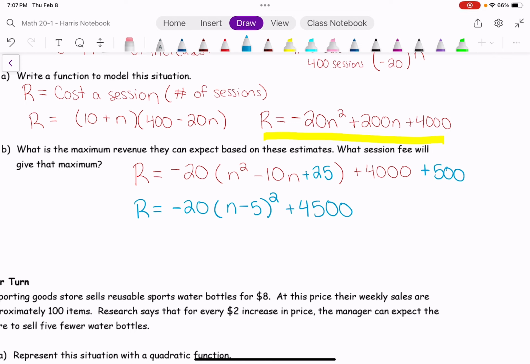So looking at this, I can tell my vertex is going to be a positive 5 and a positive 4,500. So that's telling me that my maximum revenue is going to be, revenue is the dollar amount, so it's going to be $4,500.